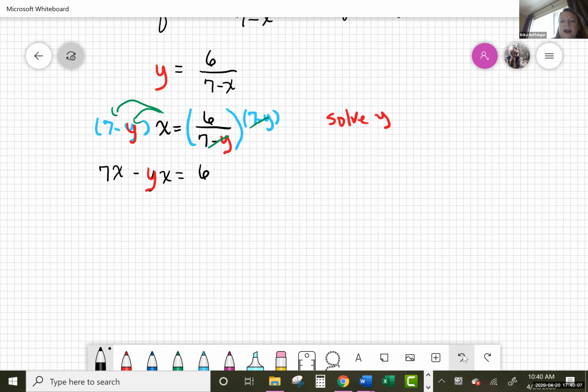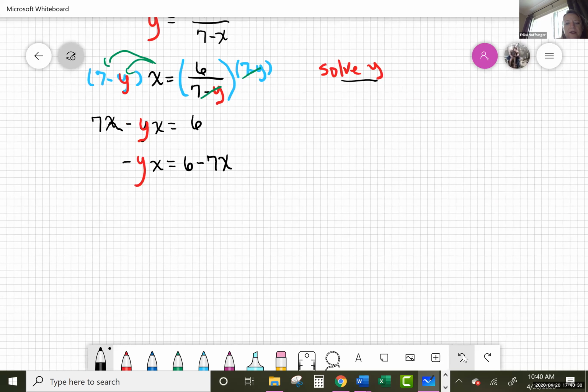So we're solving for y again. Let's get the y term by itself. If we subtract 7x on both sides, we get negative yx is equal to, well, subtracting 7x, those are not like terms, so 6 minus 7x. Almost done. I need to get my y value by itself.